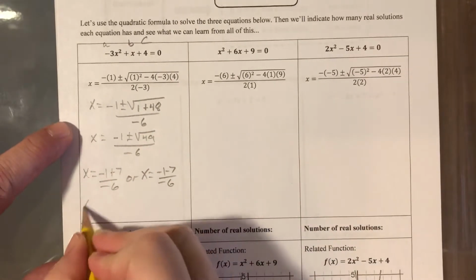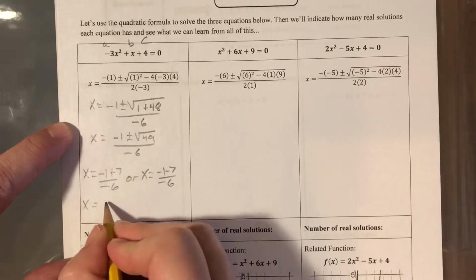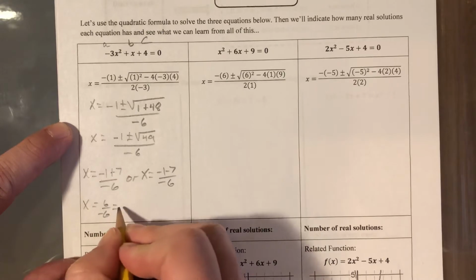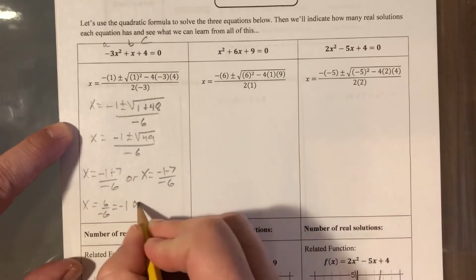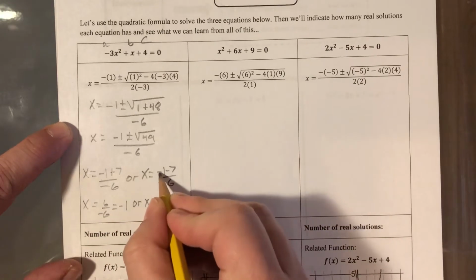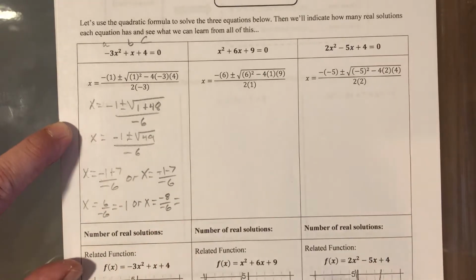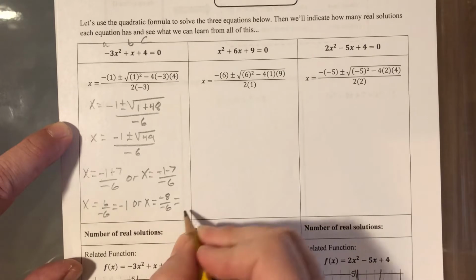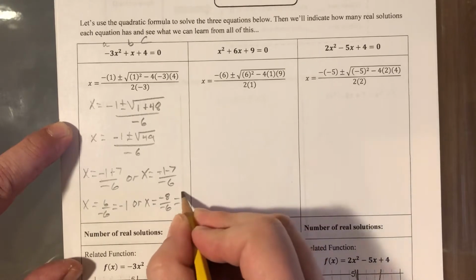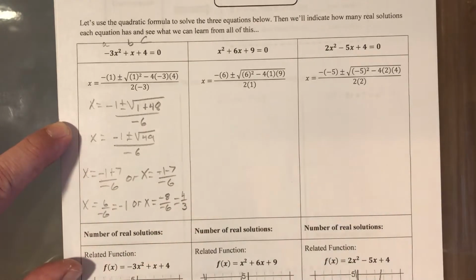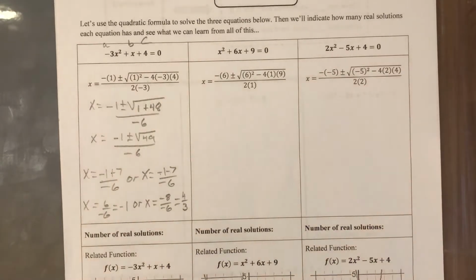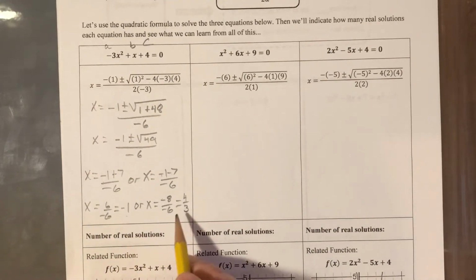So if I go with this first scenario, x equals negative 1 plus 7 is 6 over negative 6, which equals negative 1. Or x equals negative 1 minus 7 is negative 8 over negative 6. And that's going to simplify to, I got a negative over a negative, so it's going to simplify to positive 4/3. Okay? So I know that that's going to have 2 real solutions.